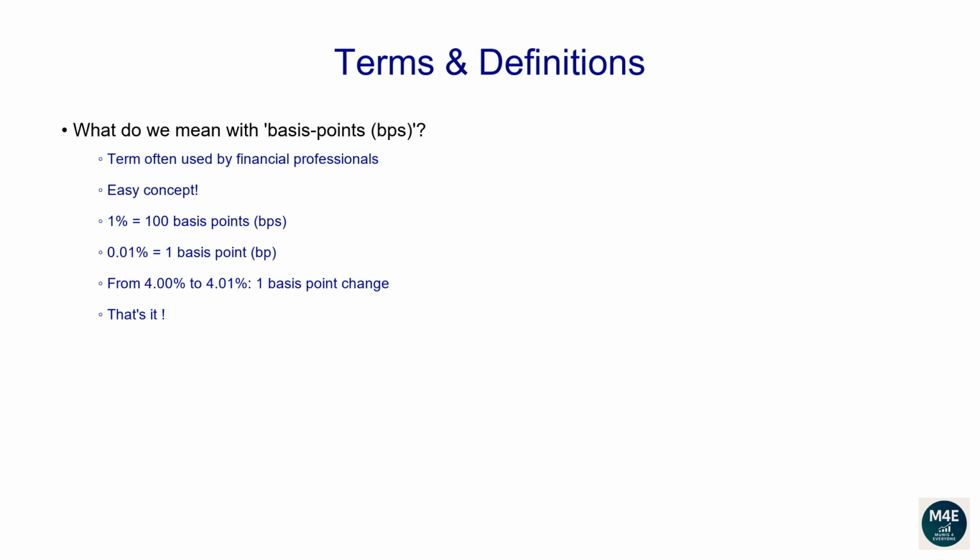If 1% is equivalent to 100 basis points, then 0.01% is equivalent to 1 basis point. For example, if the yield of a muni bond changes from 4.00% to 4.01%, it's simply easier to say the yield increased by 1 basis point, instead of saying the yield increased by 0.01%. That's it.